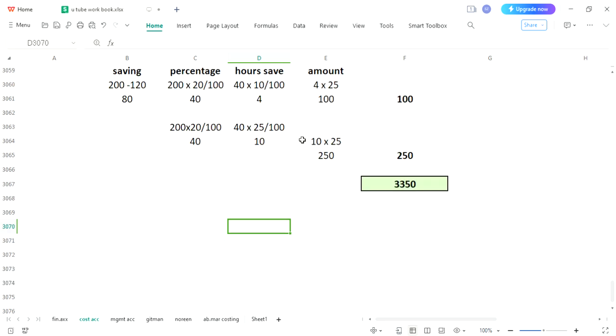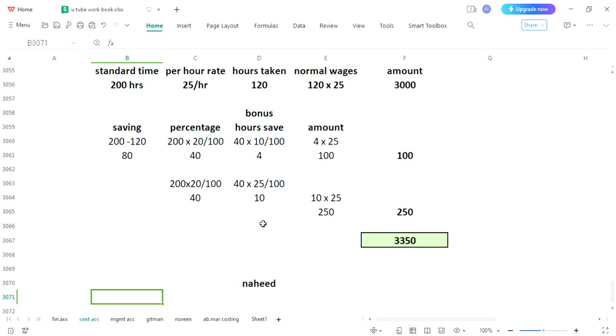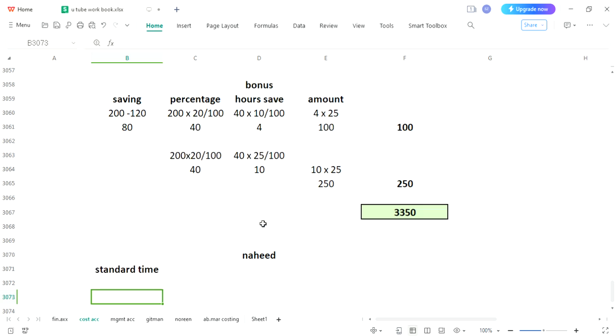For Nahid, we will be doing the same thing which we have done above. To follow the footsteps of the previous part, we will do the same thing so that you can correlate with the previous. First, you will see the standard time. It would be similar, that is 200 hours, and the next step is to see the per hour rate, and this would also be similar.